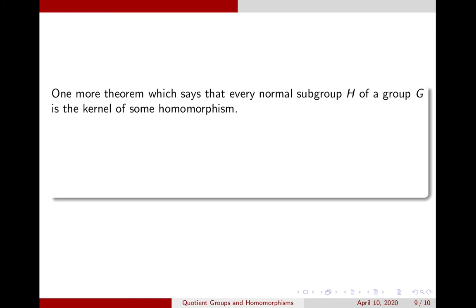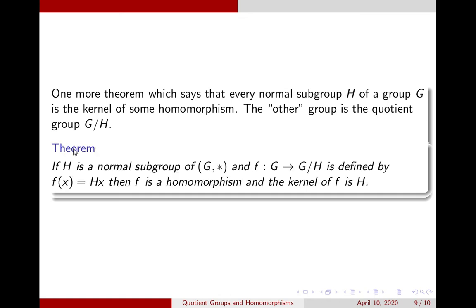Okay, one more theorem says that every normal subgroup of a group is the kernel of some homomorphism. So we know the kernel of a homomorphism is normal. This is sort of a converse. Every normal subgroup is a kernel. The other group will be the quotient group, G over H. So here's the theorem.